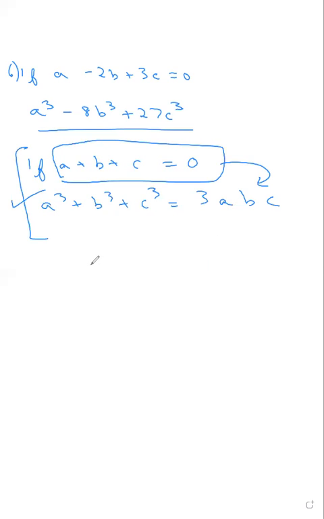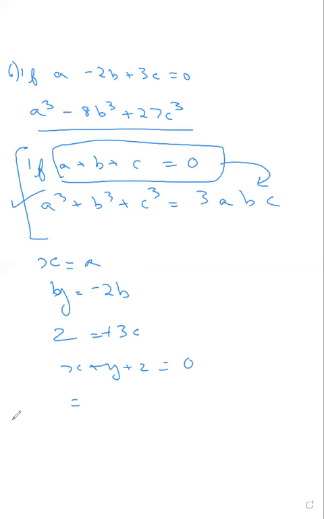Aryan, yes, sir. Why does this not come into your mind? So here, if we take x as a, y as -2b, and z as +3c, what do we get? x plus y plus z is equal to 0, right?